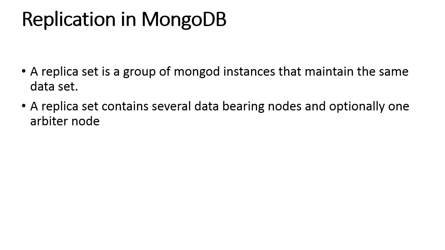Replica sets provide redundancy and high availability. These are the basis for all production deployments. In this section, you are going to learn about replication in MongoDB, as well as the components and architecture of the replica set. Here, you will also learn the common tasks related to the replica set.